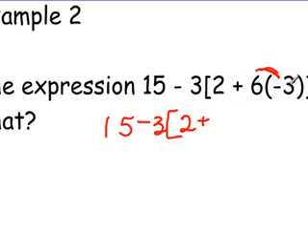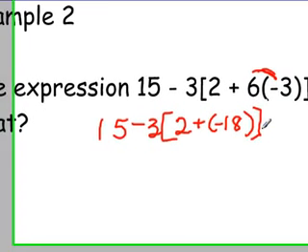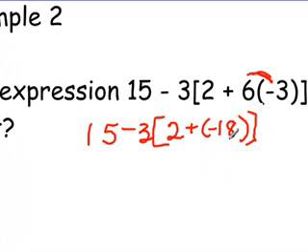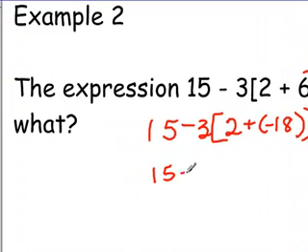6 times 3 is 18, but since it's negative, I have a -18. When multiplying numbers, if you have different signs, it's negative. So 6 times -3 is -18. So now I still have parentheses. Remember, brackets mean the same thing as parentheses. I'm going to rewrite my 15, I'm going to rewrite my minus 3. 2 plus negative 18.